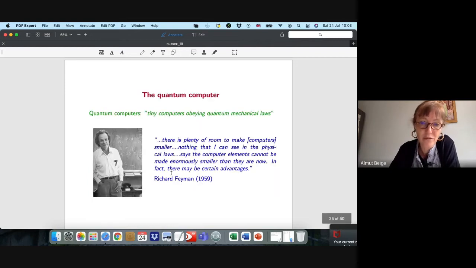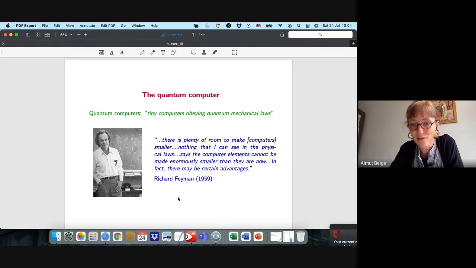So I should explain more why we think that quantum computers will make a difference. The idea of quantum computing goes back to Feynman, for example, who did a lot of calculations modeling quantum systems, which is a computationally hard task.